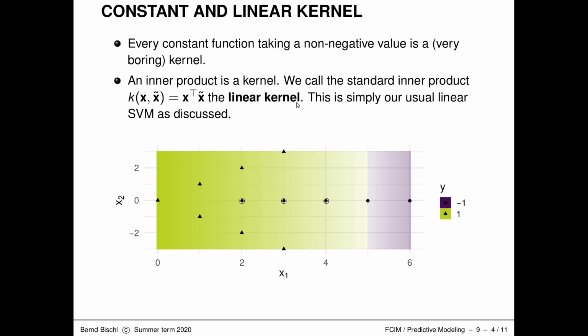And if we use that, we have not changed our SVM program at all, right? So this just keeps inner products in the same form as they were before. And we very obviously now call this the linear kernel and the linear SVM. And this gives rise to hyperplanes.